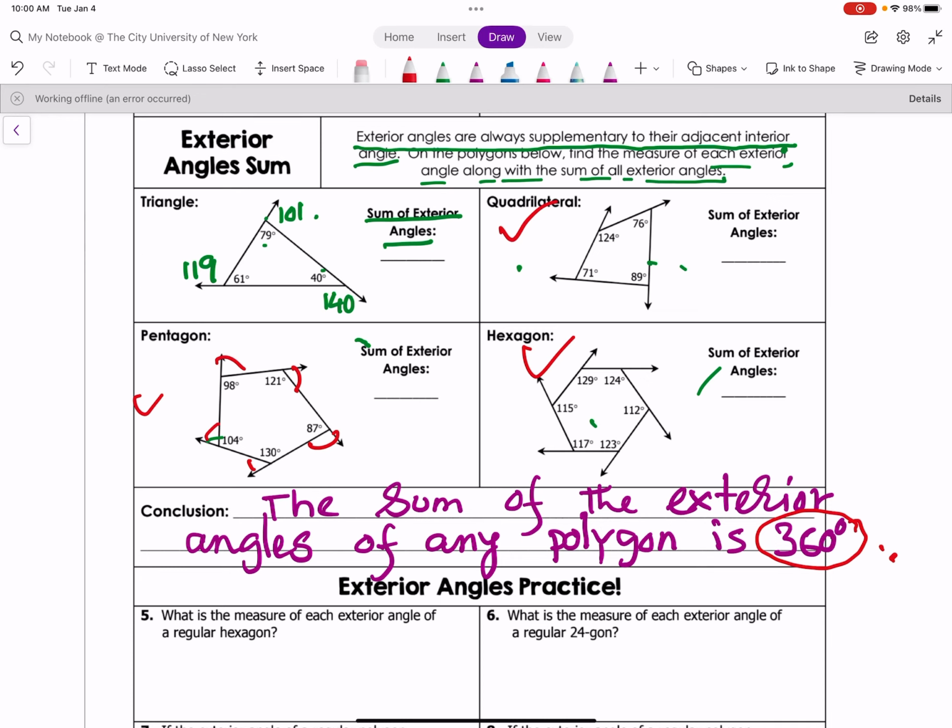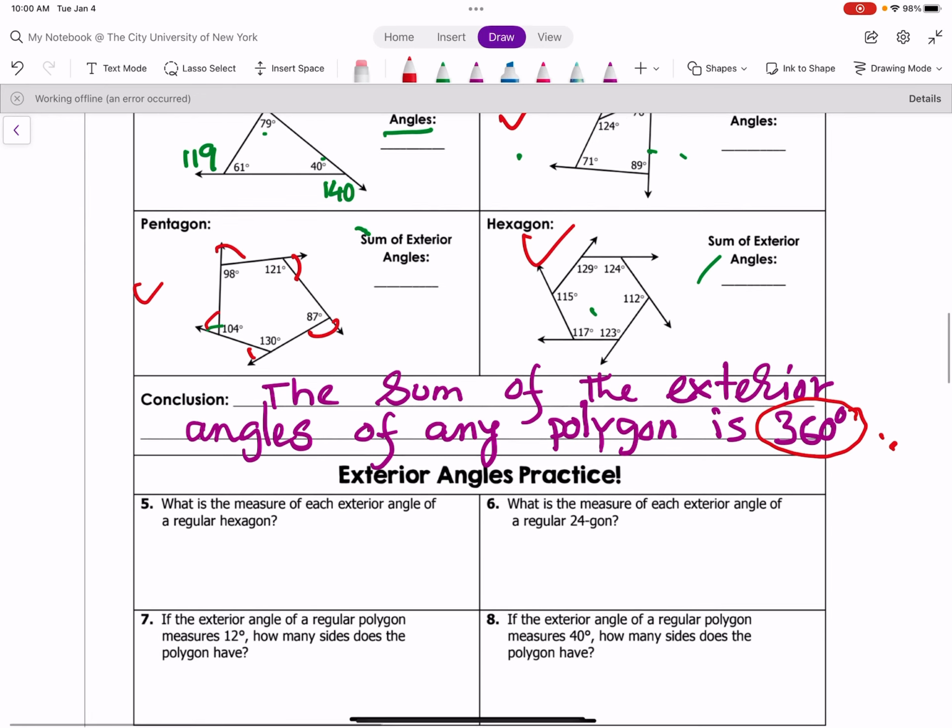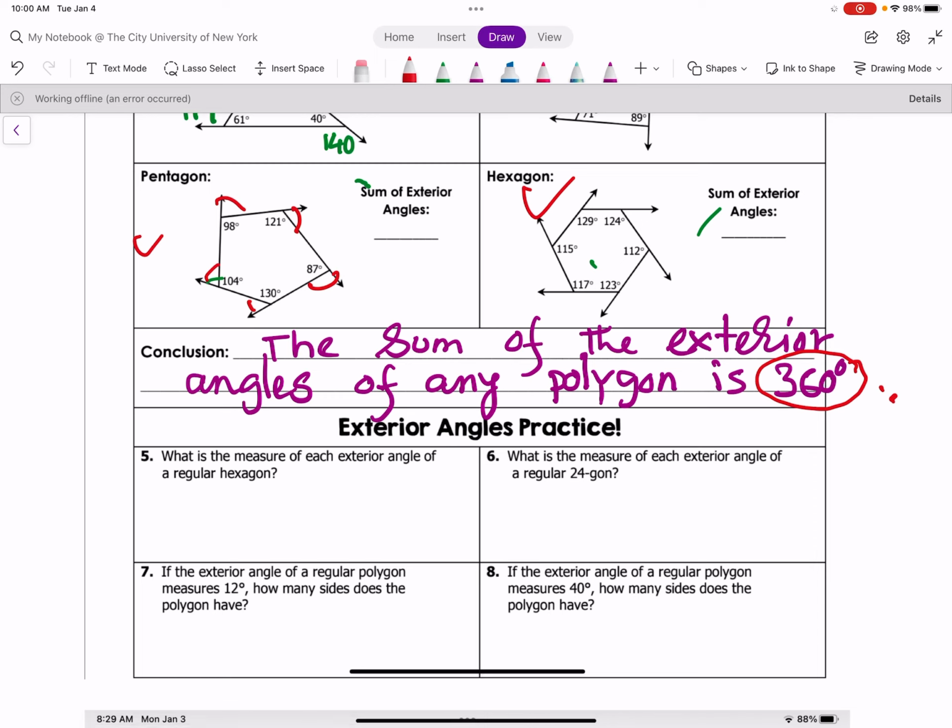Now based on that, we will be doing some of the sums. In number 5, it says, what is the measure of each exterior angle of a regular hexagon? You know the total is 360. They said each. So you say 360, and what is the number of sides in a hexagon? That is 6.